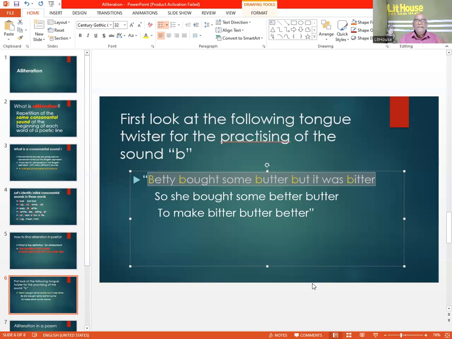Now, let's read the second line. So she bought some better butter. Better butter. You see here, again, bought, again, better, and butter. To make bitter butter better. Again, last line. Bitter, butter, better.